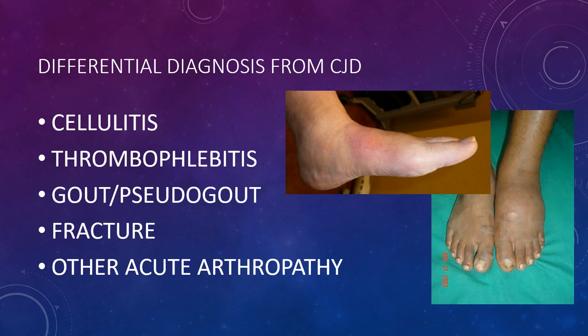They typically have been evaluated at an urgent care center or by their primary care physician or a nurse practitioner or PA who is simply unfamiliar with Charcot's joint disease. They present with painless unilateral swelling, and typically they're sent for a Doppler. When that's negative, they're put on a diuretic.